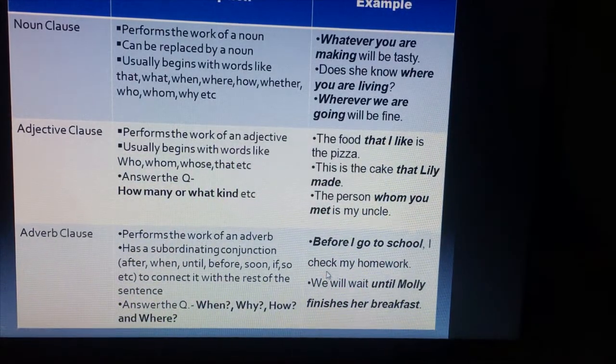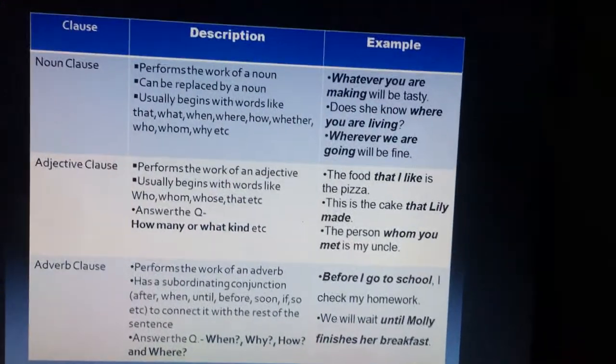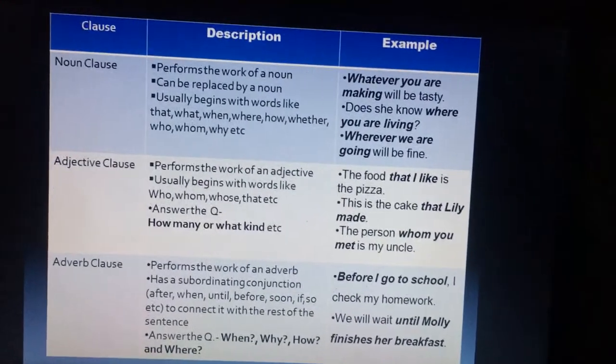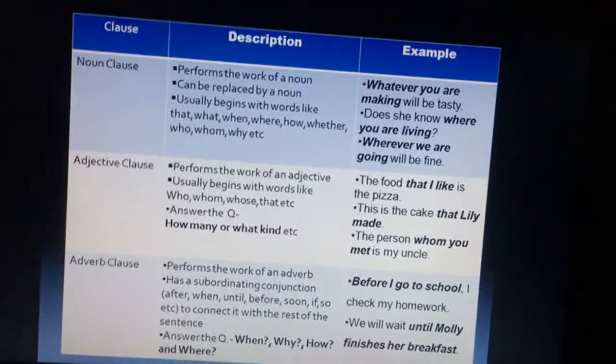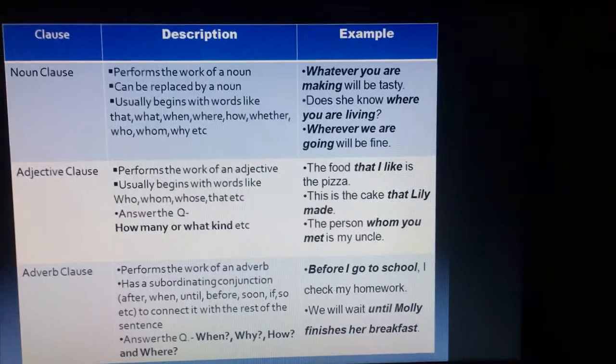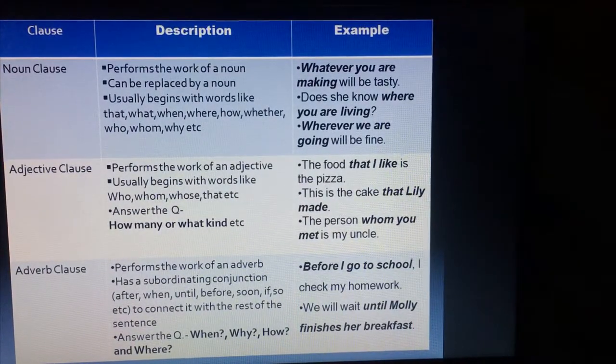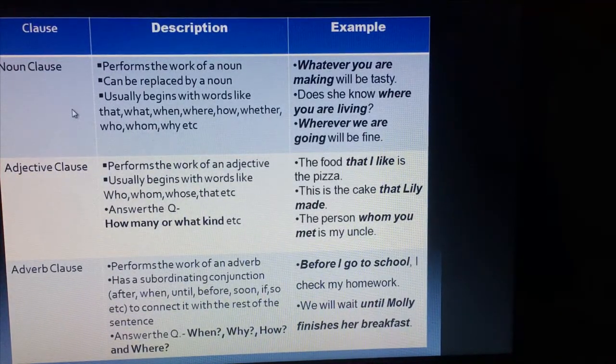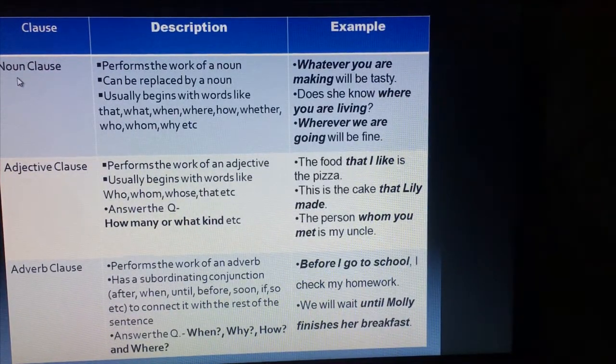As you can see, this table is all about clauses, description and example. Let me move the video up a little bit so that you can see. Clauses can be defined into three types: noun clause, adjective clause, and adverb clause.